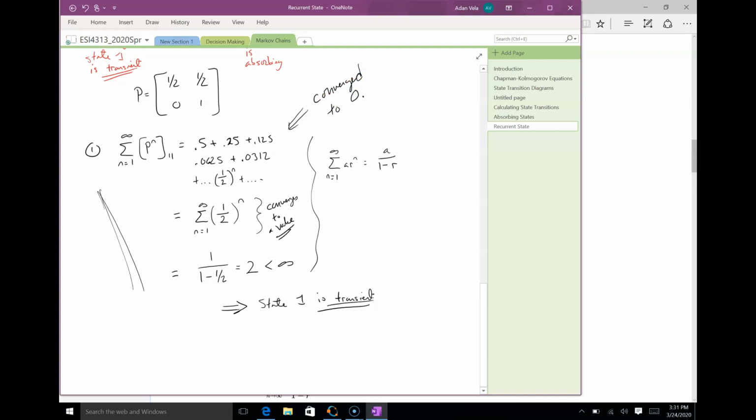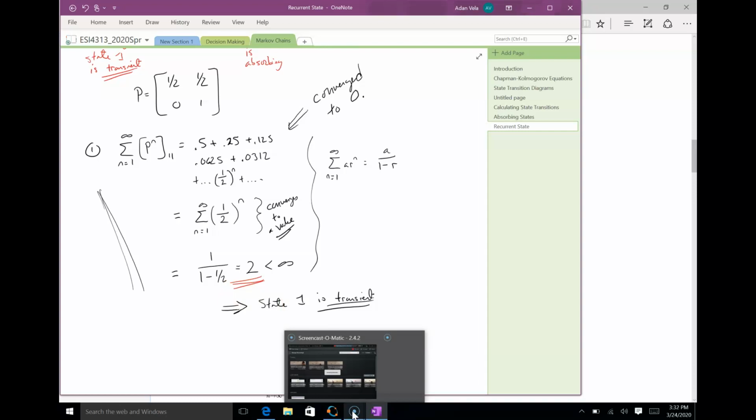Not only did each individual value converge to 0, but when we summed them up as a series, they converged to a finite value, less than infinity. That told us that the state we are interested in was transient. And so that's a pretty good test of how we can check for transience.